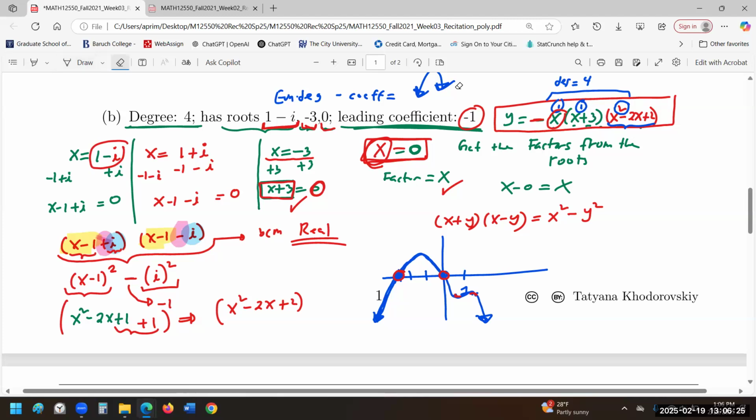We get the factor by bringing everything to one side. But no polynomial has imaginary numbers, so you must multiply them out. When you multiply them out, this is what we have at the end. And then you combine all three factors with a negative sign in the front to get your equation.